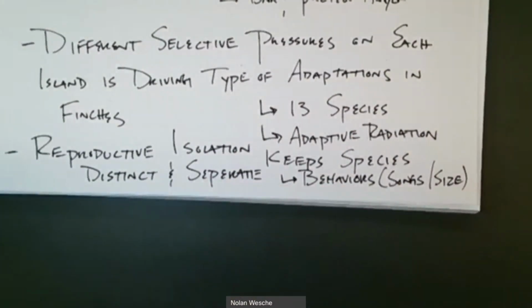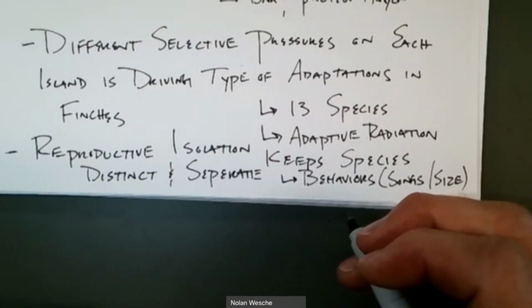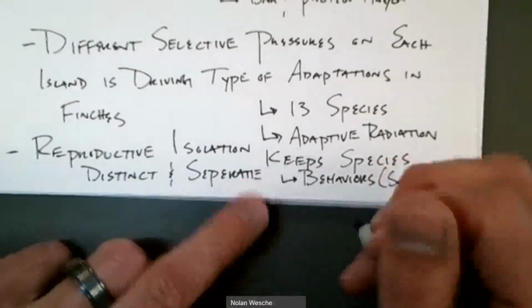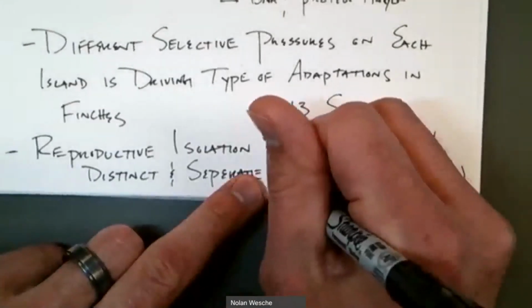There's a couple called the Grants out of Princeton University that have been going to this island in the Galapagos called Daphne Major for 40 years and studying the size and the composition of the medium, small, and large ground finch. And they see that the medium ground finch does not respond to the song and will not mate with a larger ground finch and vice versa. So they have become distinct species because they no longer will backbreed with one another.